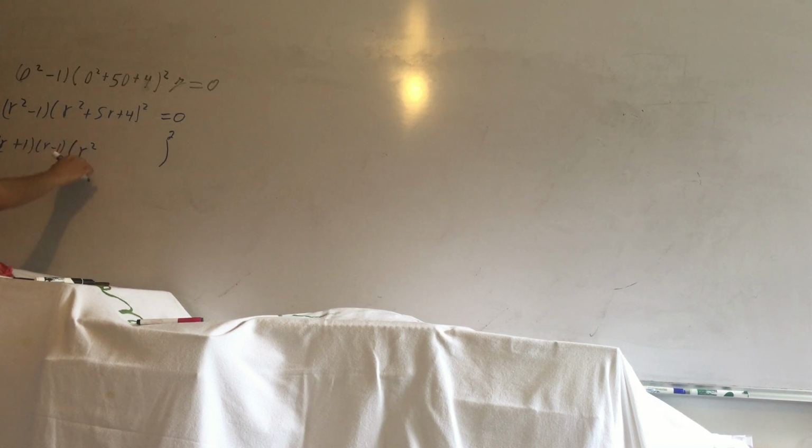So it would be r squared plus 5r plus, in order to have a perfect square, I would need half of this, which is 5 halves, squared is 25 over 4. So if I'm adding 25 over 4, I will need to subtract it later. So first plus 4 and then minus 25 over 4.